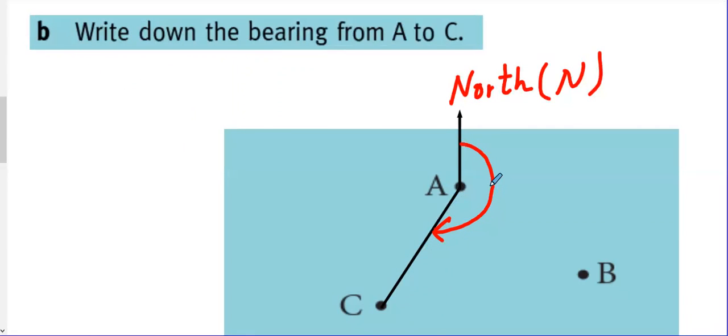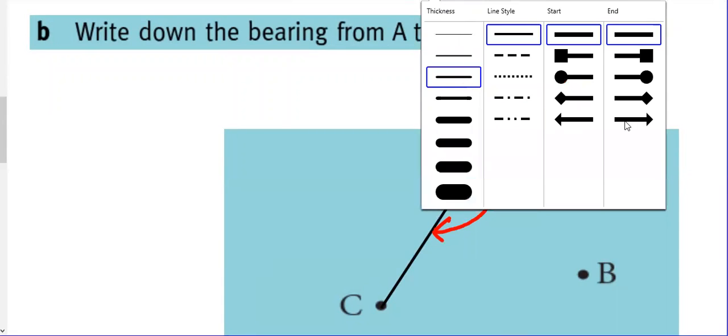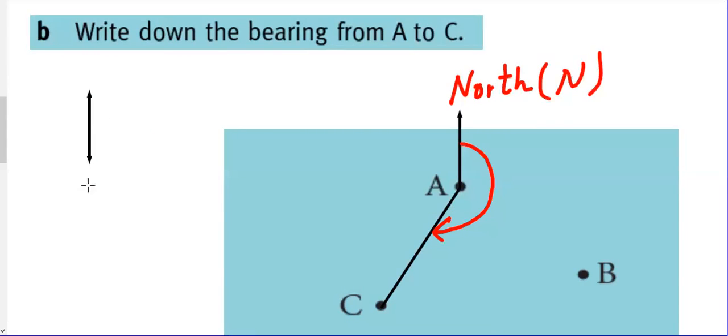Now, just be aware that if you have a straight line, and since you are a Form 2 student, you already know that all angles that lie on a straight line, if I measure the angle on the straight line, always should be equal to 180 degrees.